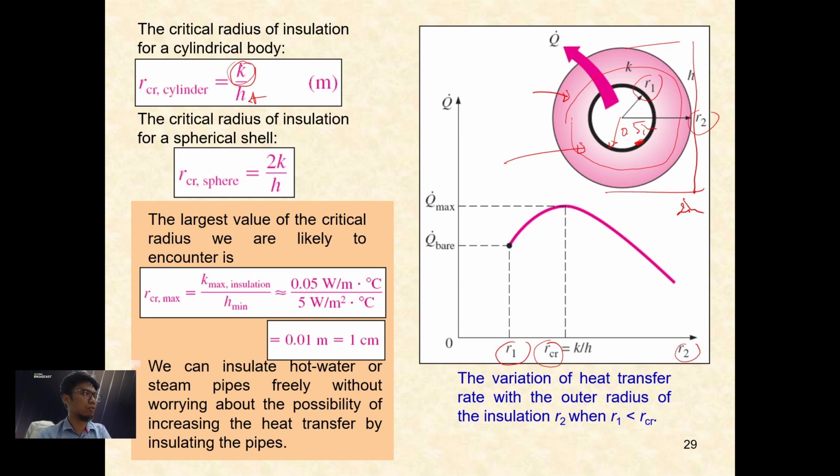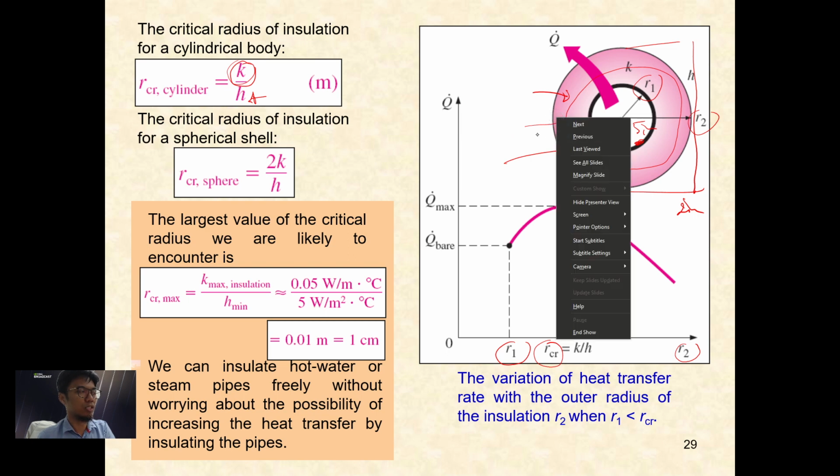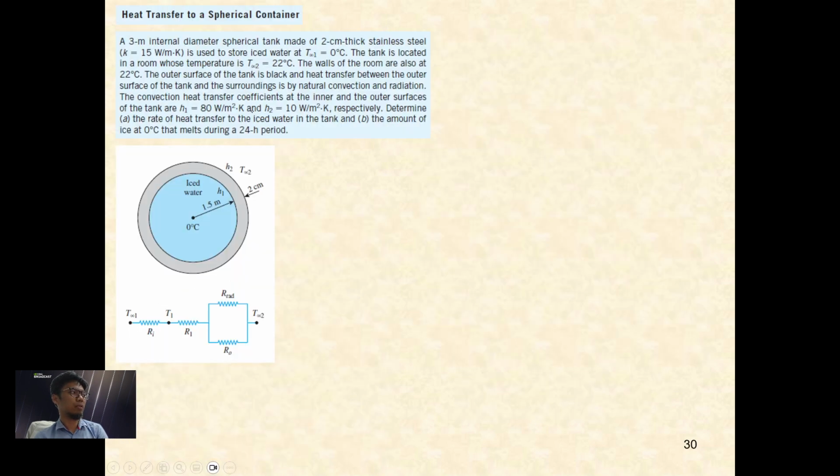So K is constant, which is a property of your insulator. These are properties of your insulator here. But h depends on the environment, the environment temperature.